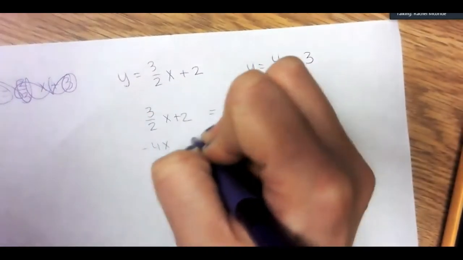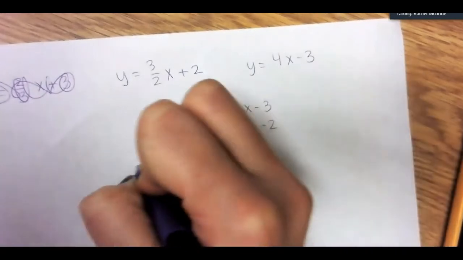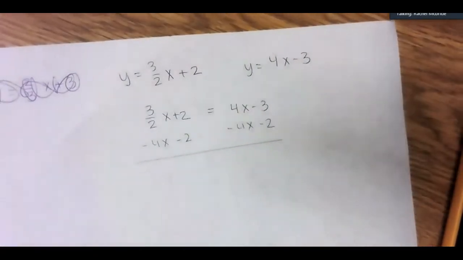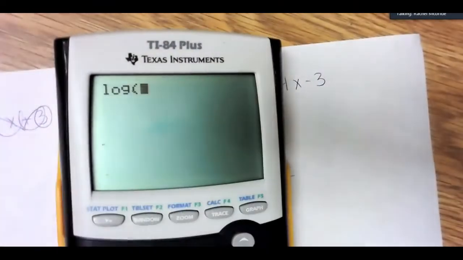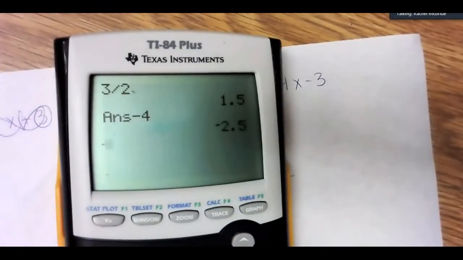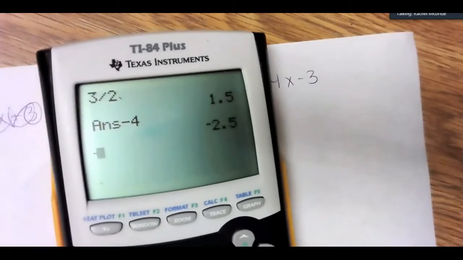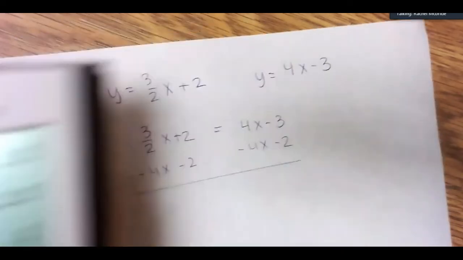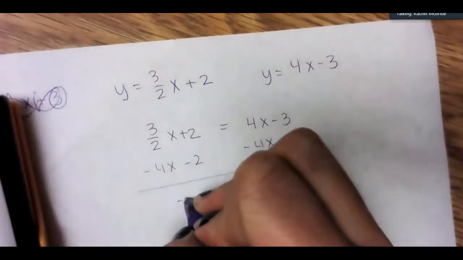So I'd subtract 4x and subtract 2. So 3 halves minus 4. Well, 3 halves is like 1.5. So again, if you had a calculator, you could take 3 halves, subtract 4, and get negative 2.5. If you kept it as fractions, you could have negative 5 halves. Both of those are okay.